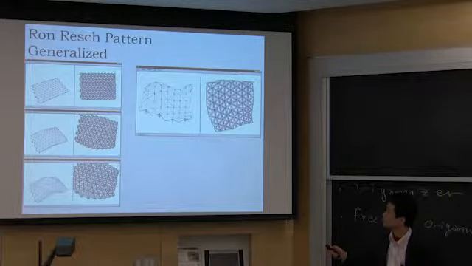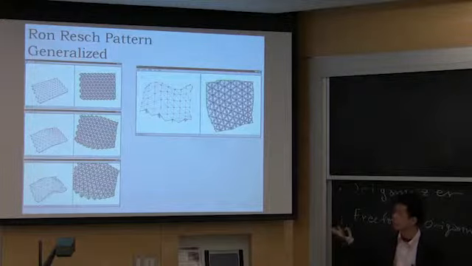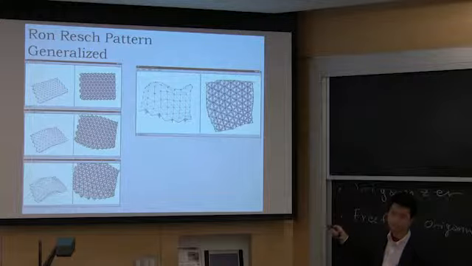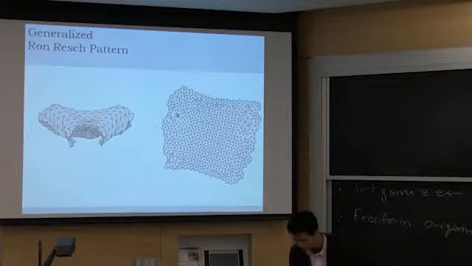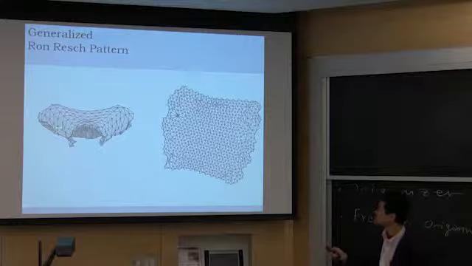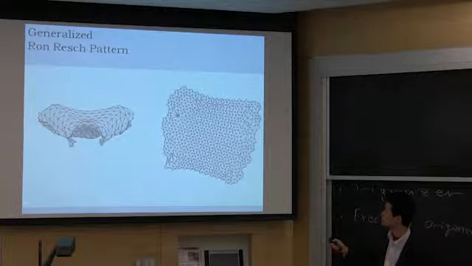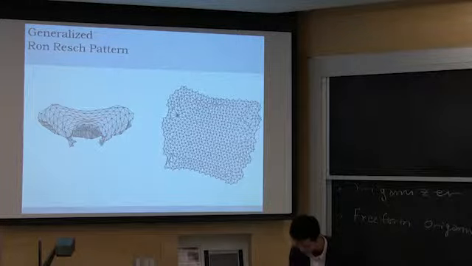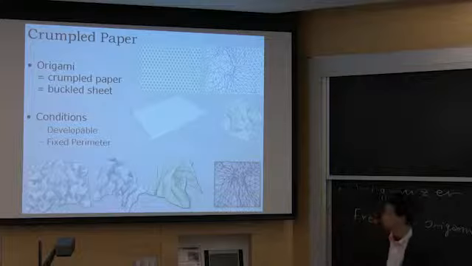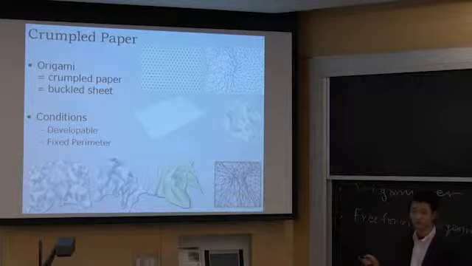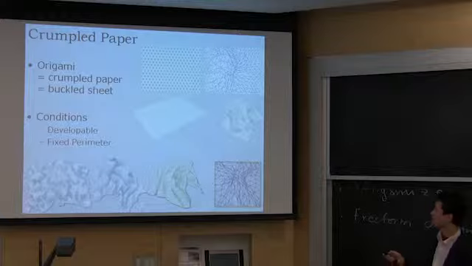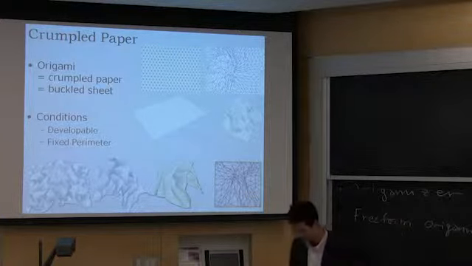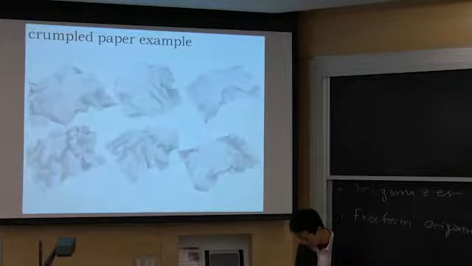So, for example, you can get this kind of asymmetric polyhedral surface with this generalized pattern, or this form with this pattern. Each triangle has a different shape, a little bit differentiated. Or you can just apply it to some regular triangular mesh and then get some nice crumpled paper like that.